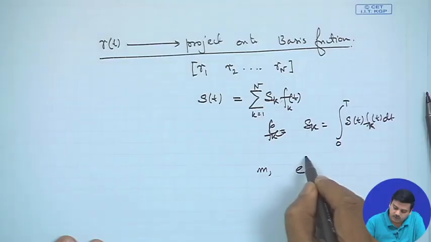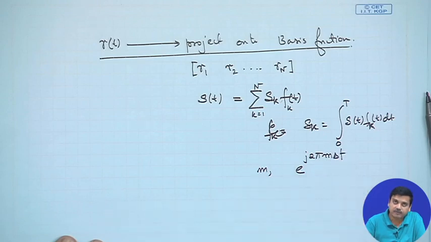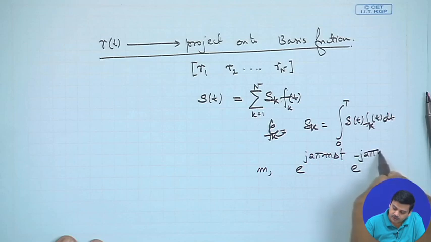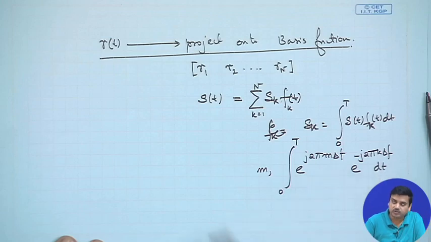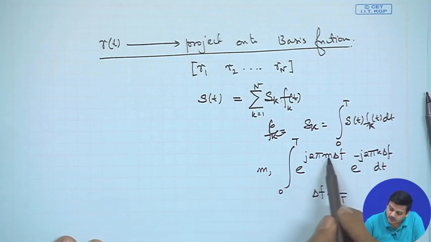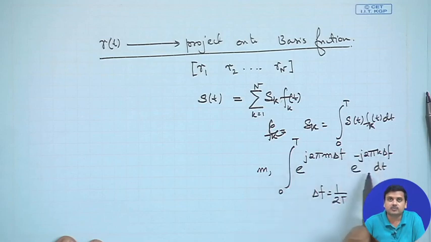So, if you had chosen m, that means e to the power of j 2 pi m delta f, and we are correlating with e to the power of j 2 pi k delta f in the interval 0 to T, and if delta f is selected as 1 by 2T, we found that if m is equal to k, this would turn out to be 1, else if m not equal to k, this would turn out to be 0.